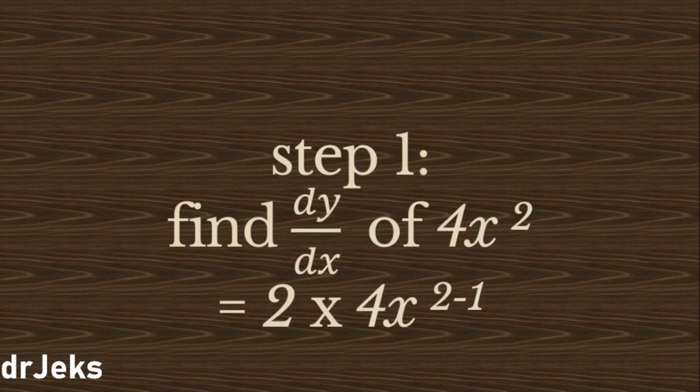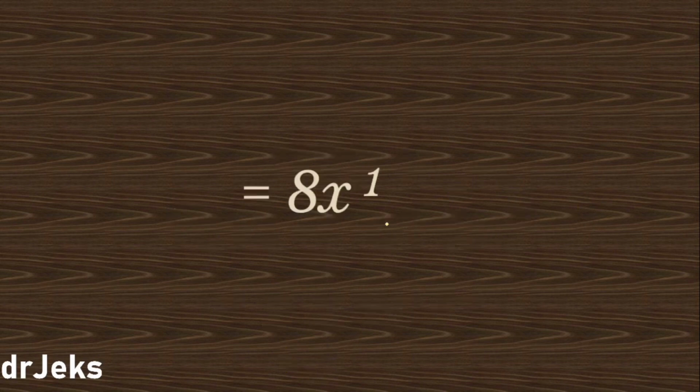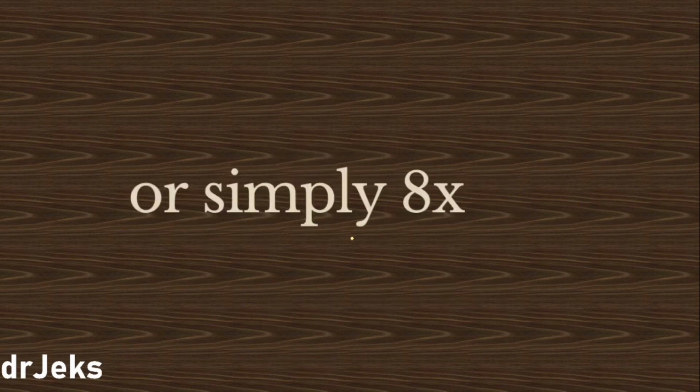We multiply this 2 with the coefficient of x, which is 4, and then we subtract 1 from the exponent. So this is 2 times 4x to the power 2 minus 1, leading us to 8x to the power 1. Okay, so this is our first answer.